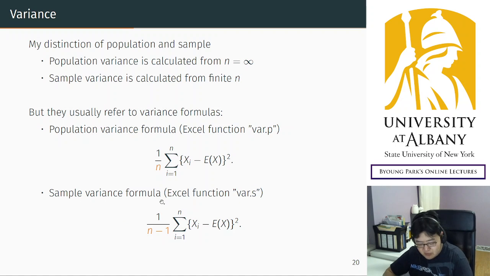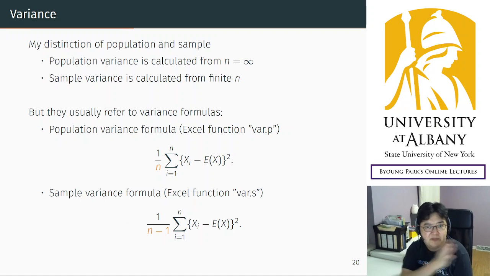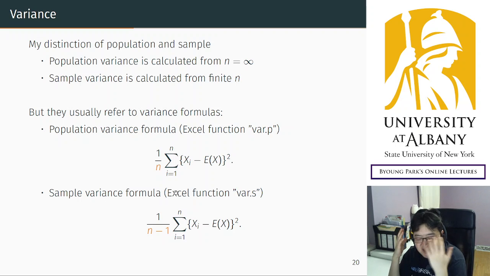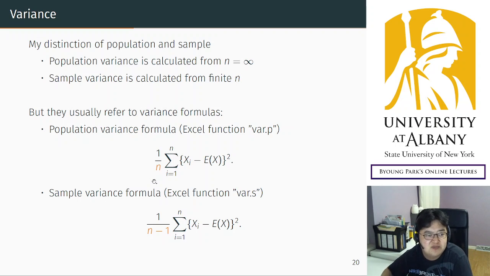Since the very beginning of the course, I have been emphasizing this distinction. You have to at least imagine the population and the sample, and in this case, the same distinction happens to the variance. The population variance can be thought of as the variance you calculate from an infinite number of observations.